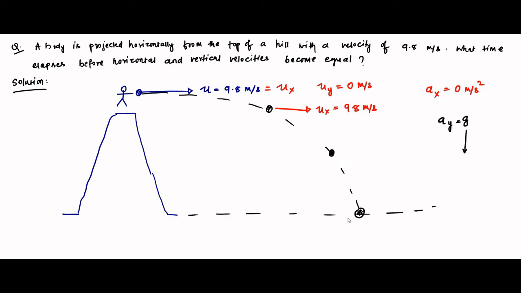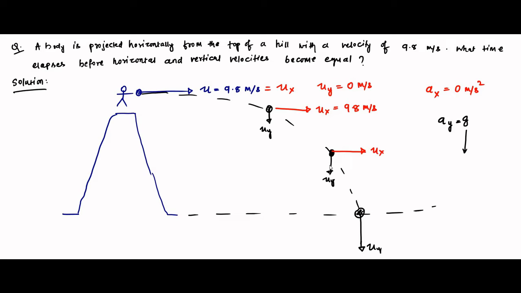So during the motion, the y component will slowly keep on increasing as time passes, and it will be maximum just before it strikes the ground. But the horizontal component will always be constant.